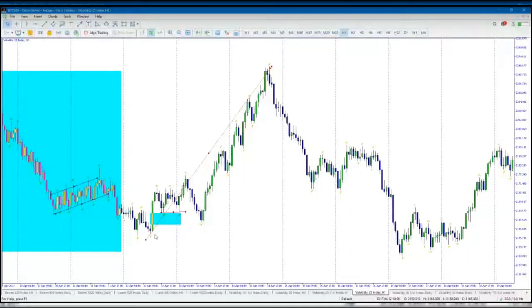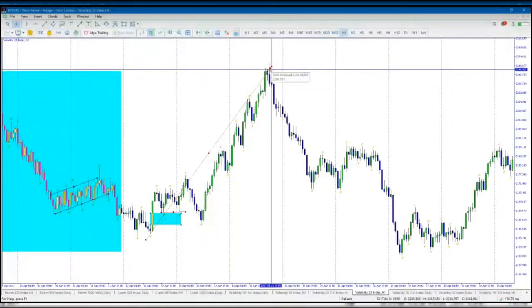Plus imbalance. So price came back to play which one? Price didn't fill it, but price took out the 50%. Price didn't fill it, but price took out the 50%, and we saw the high push upward.